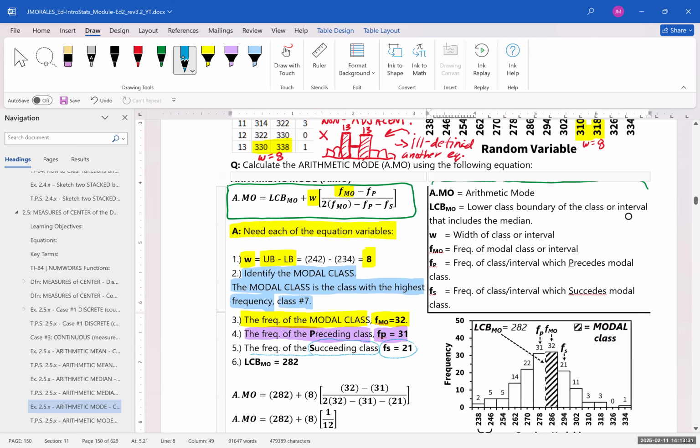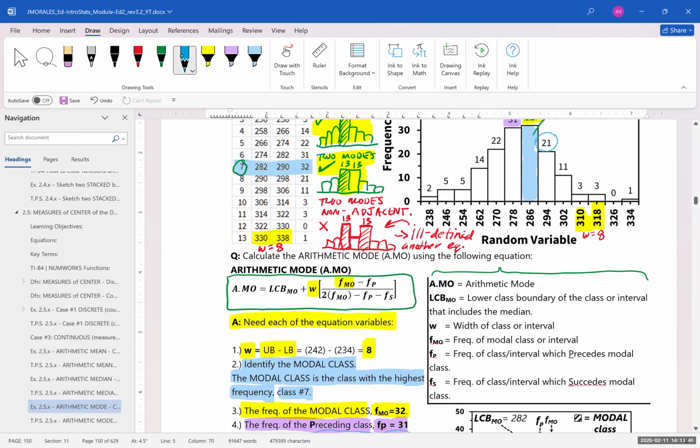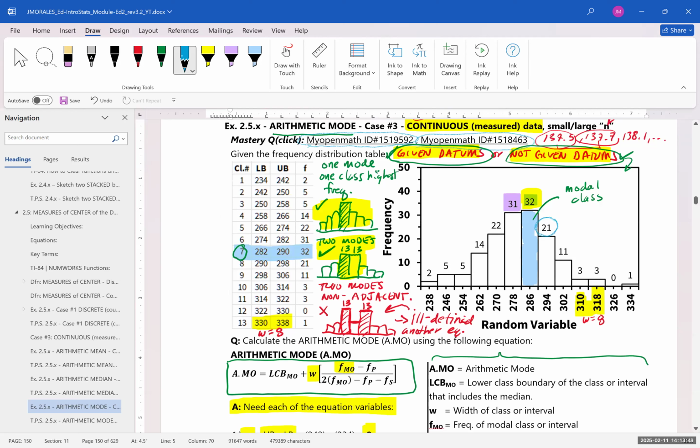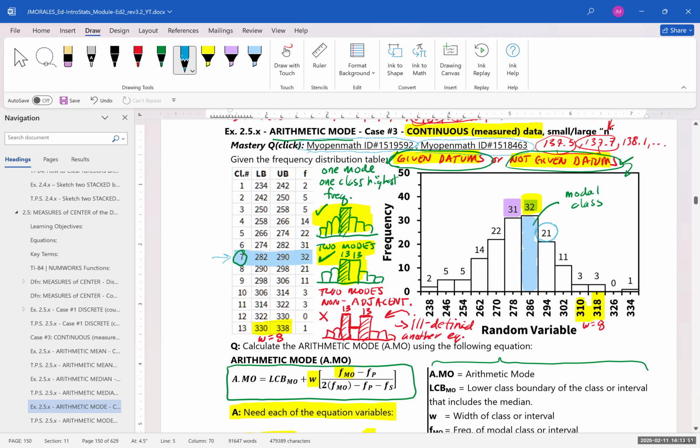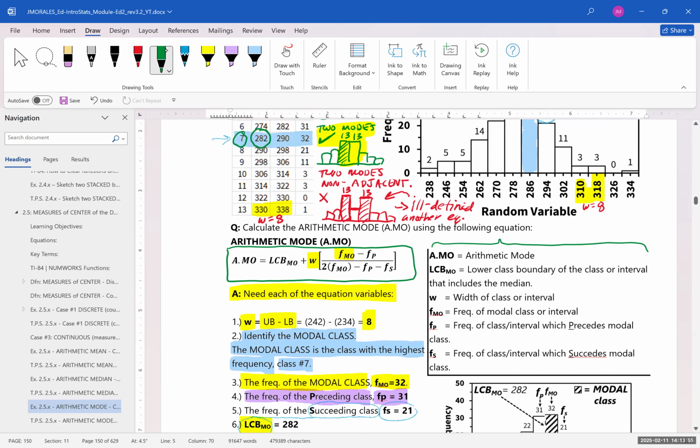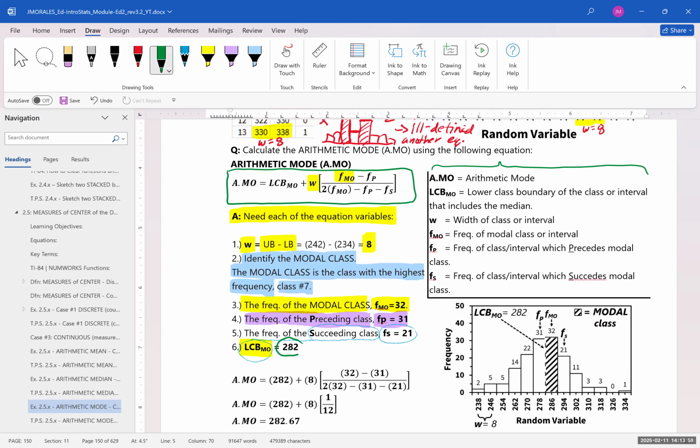And the last bit of information that we need is the lower class boundary of the modal class. What is the lower class boundary of the modal class? Well, we can go up here. Our modal class was 7, and the lower class boundary is 282. So it's 282.